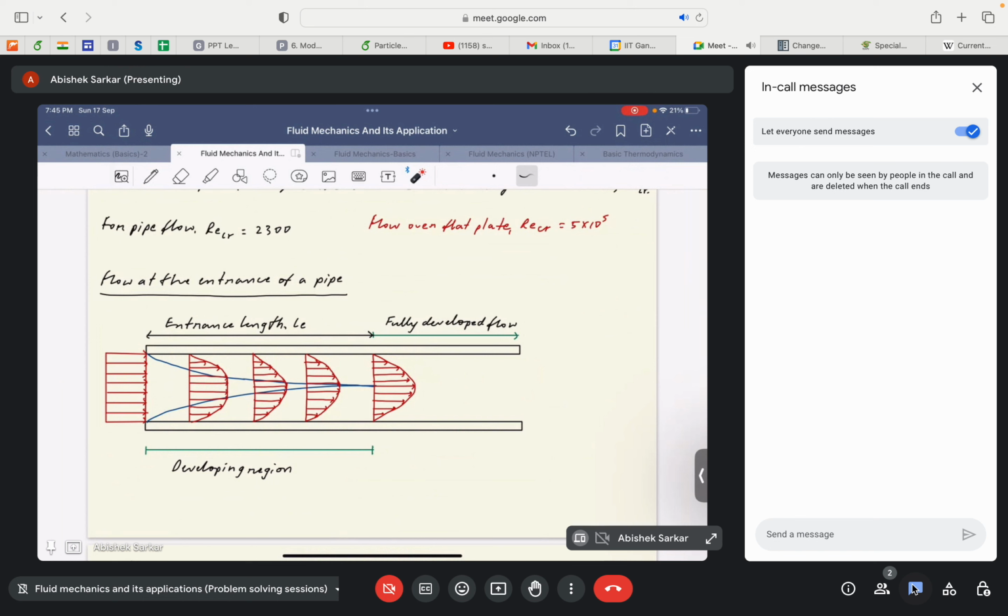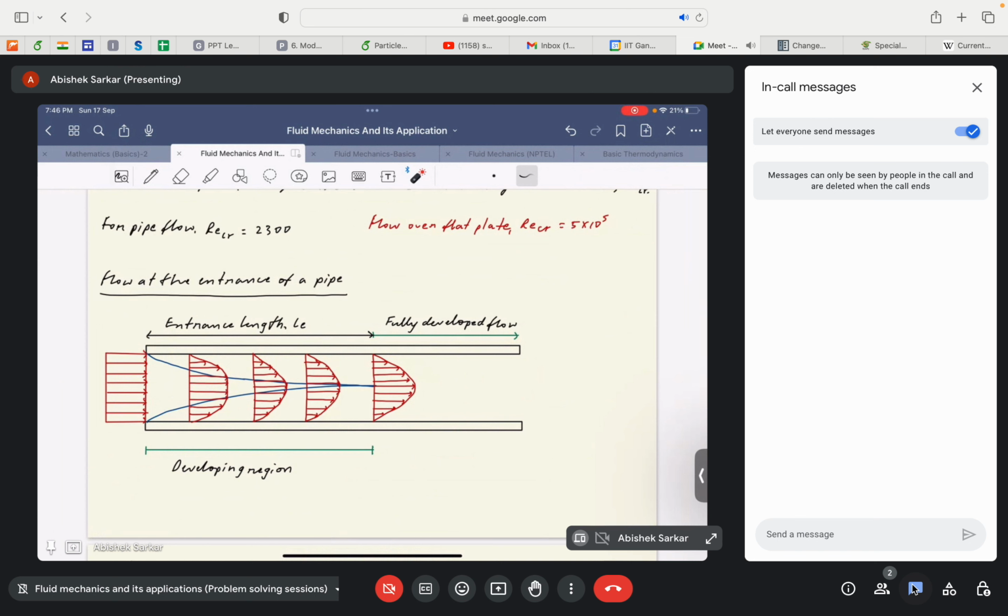Beyond the entrance length, the flow is known as fully developed, and this is a very helpful concept or approximation that we usually use to simplify our analysis.